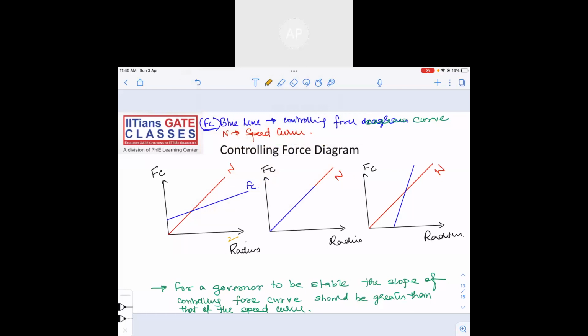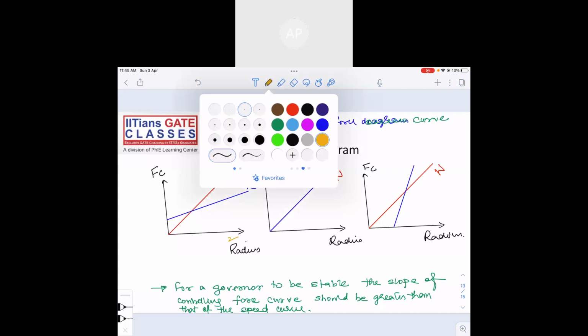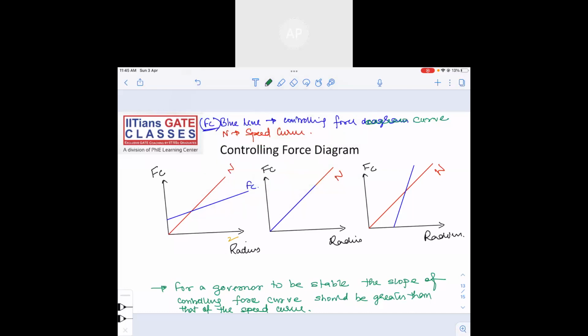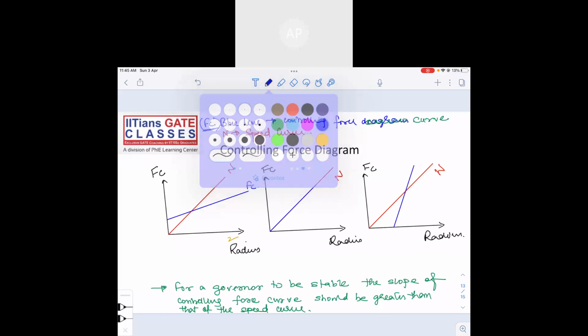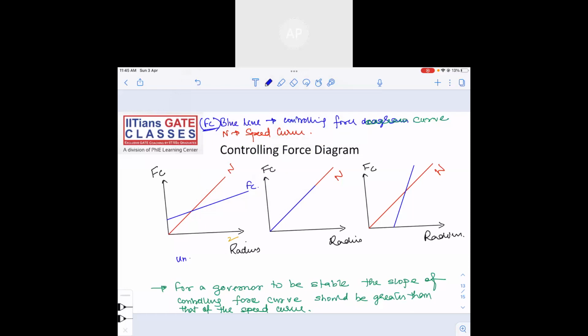In this case, the first one, the slope of the blue line is less than the red line, the speed curve. So I can say that this is an unstable governor. The first one is an example of an unstable governor. What is this?